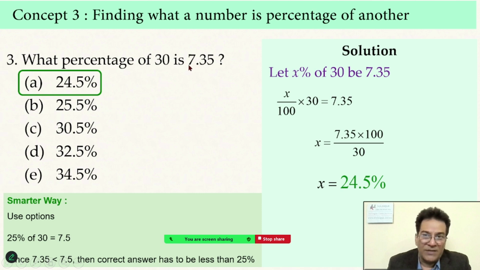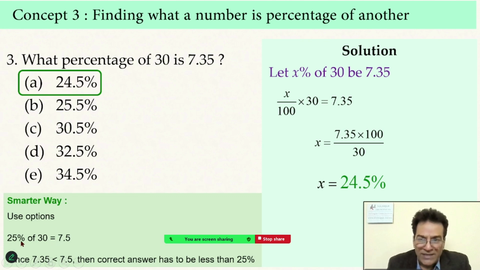This is the number that we are talking about, then the correct answer has to be less than 25. The only answer which is less than 25 is a choice. So by this faster way, we can possibly end up getting the answer also without doing much calculation.